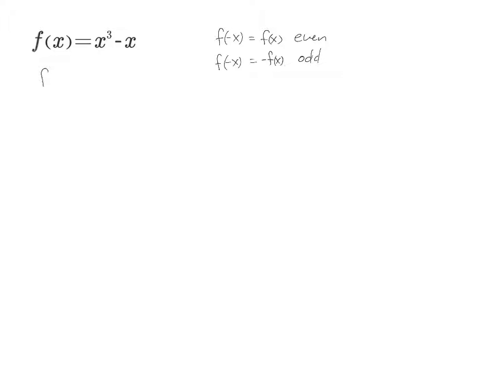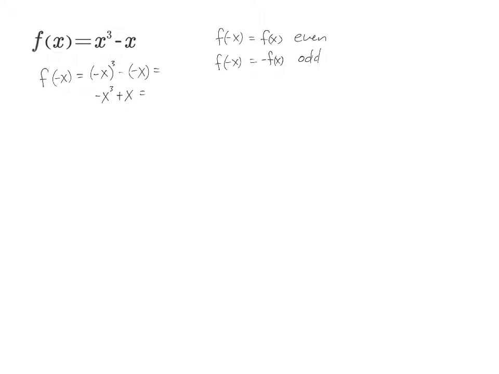So here I'm going to plug in a negative x, and we end up getting negative x cubed minus a negative x. Well, negative x times negative x times negative x is still negative x cubed. And a negative times a negative is going to be a positive x.